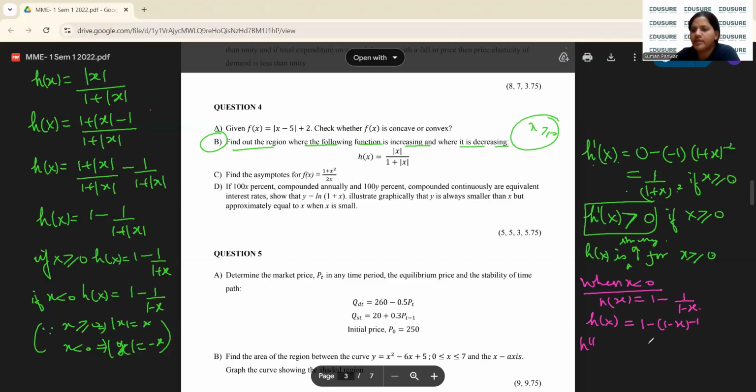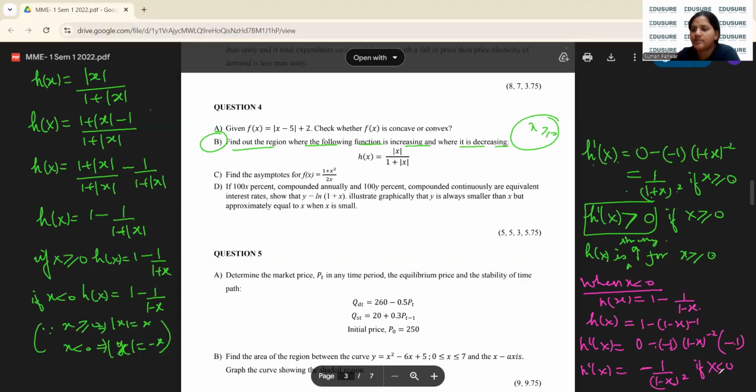So now we differentiate. The derivative of 1 is 0, then minus 1, (1 minus x) whole power minus 2, and the derivative of 1 minus x is minus 1.